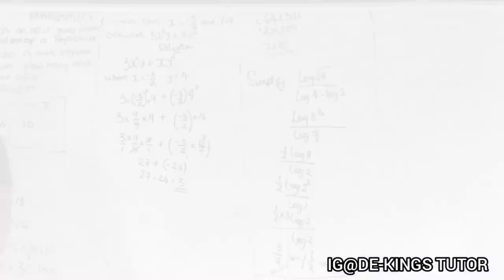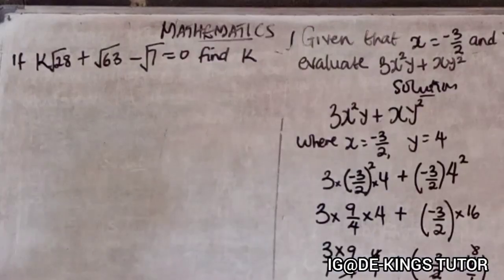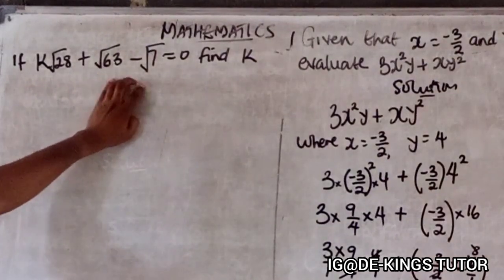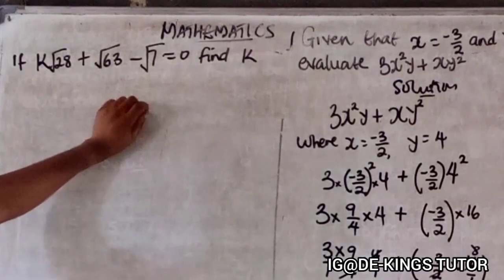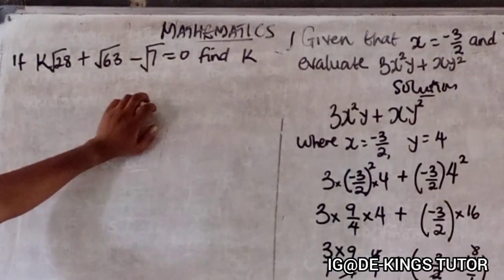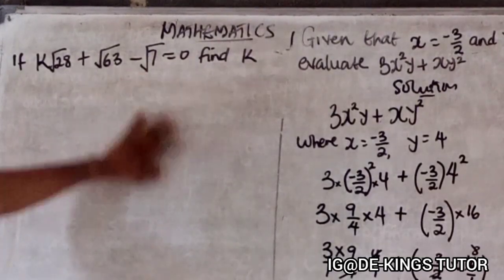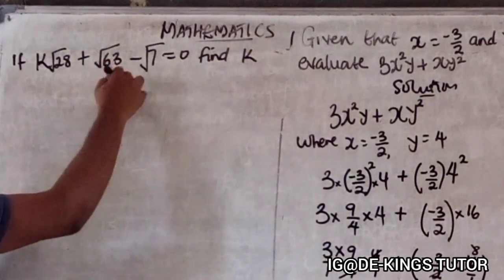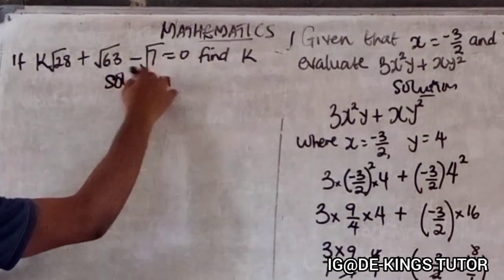Next question: if k root 28 plus root 63 minus root 7 equals 0, find k. So how do we solve this? We need the knowledge of surds.